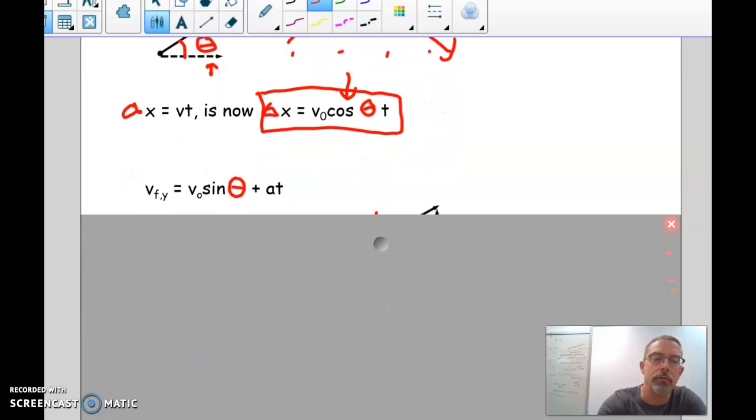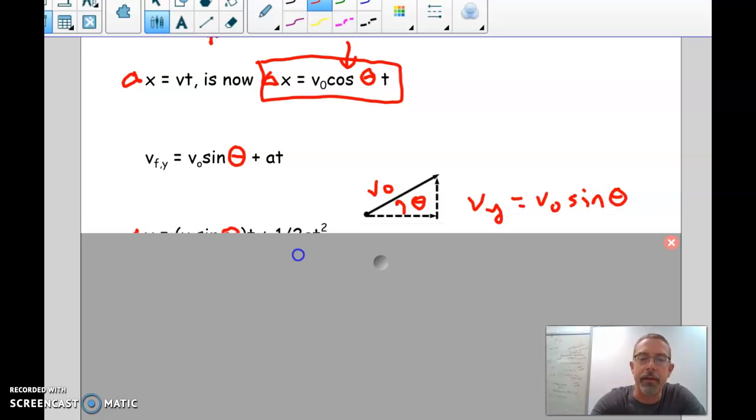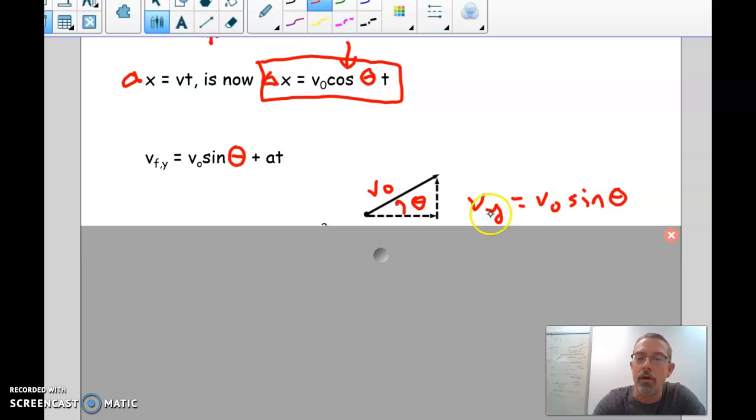Now, we can also rearrange our old equation for velocity in the y direction. Because what's going to happen in the y direction is now my velocity component in the y direction is this, and so my initial y velocity is v sub 0 sine theta.